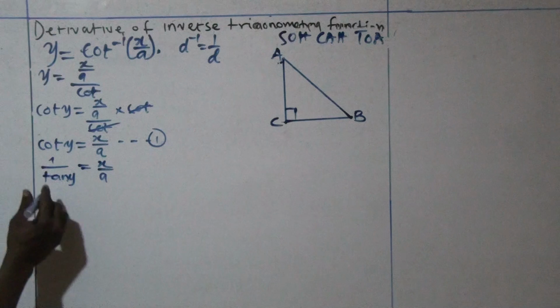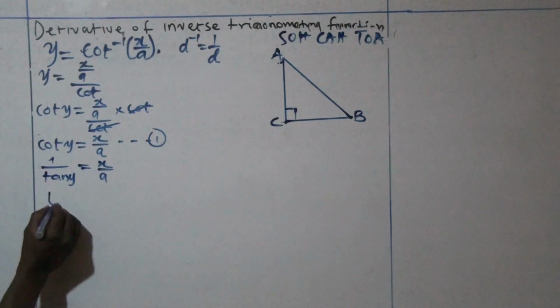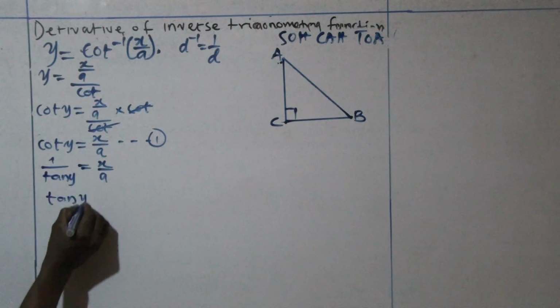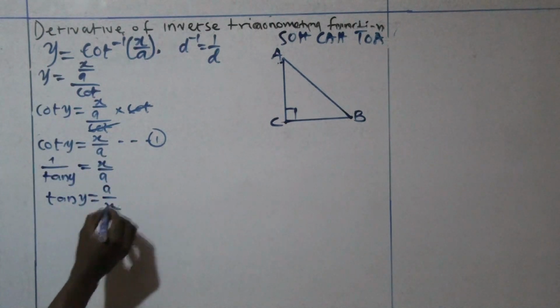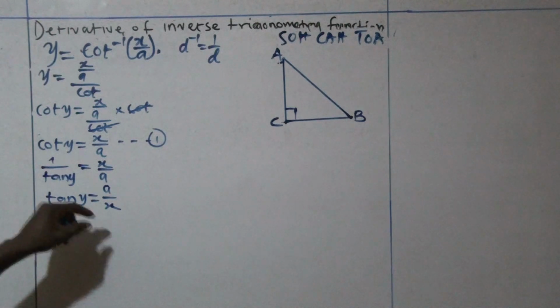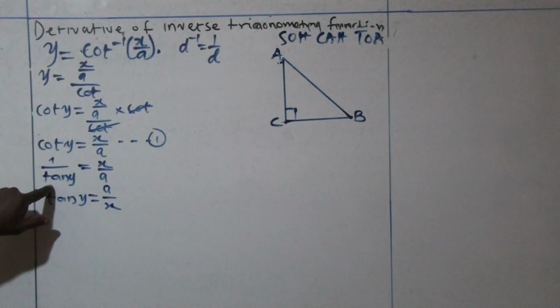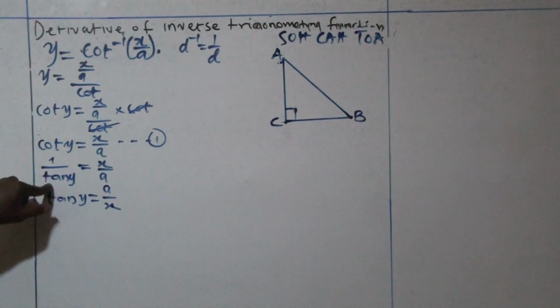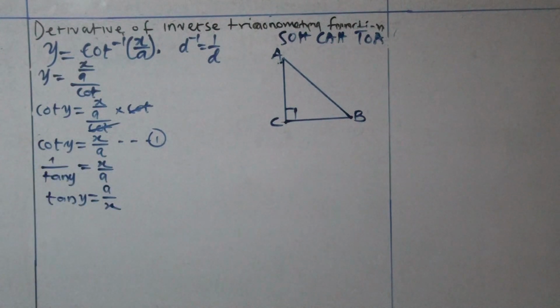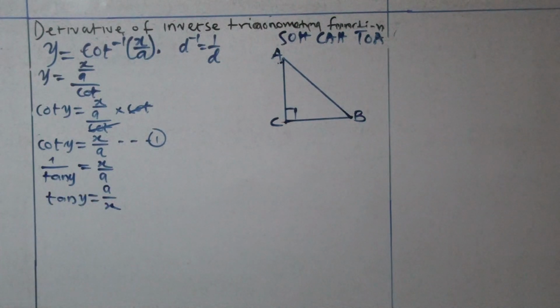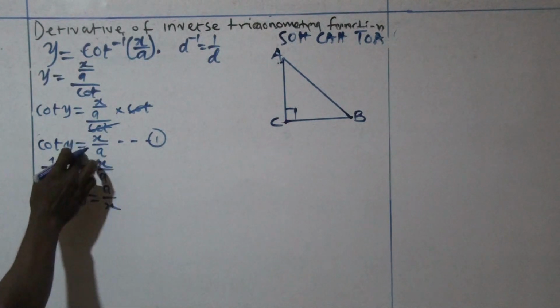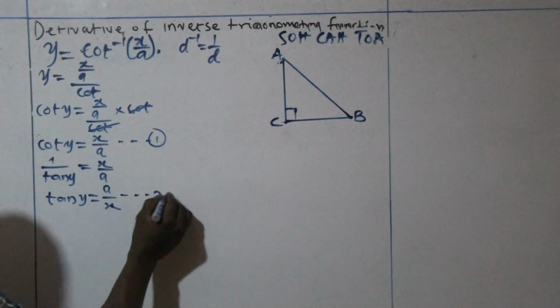If we invert it, tan y becomes a over x. The numerator becomes the denominator and the denominator becomes the numerator on both sides, so that tan y is equal to a over x. This is equation 2.